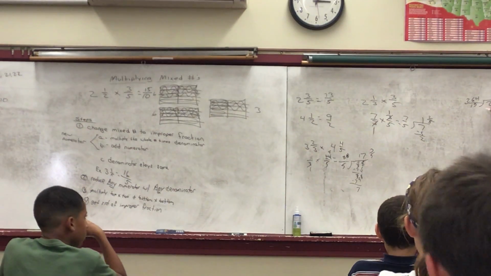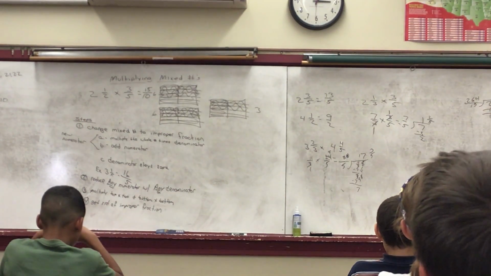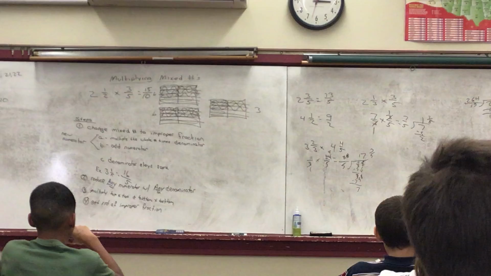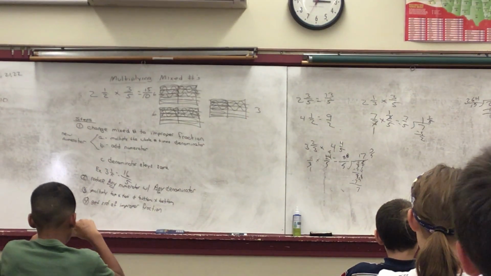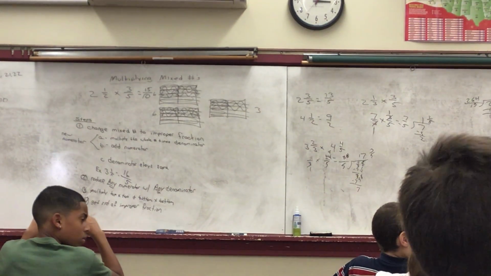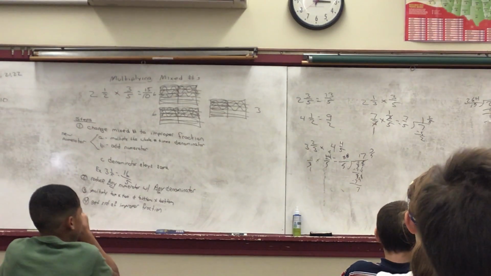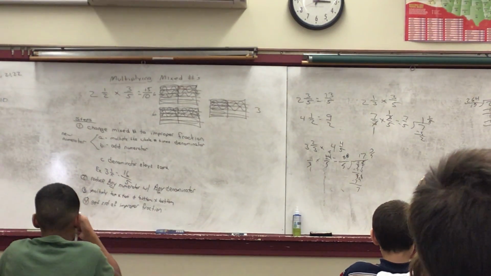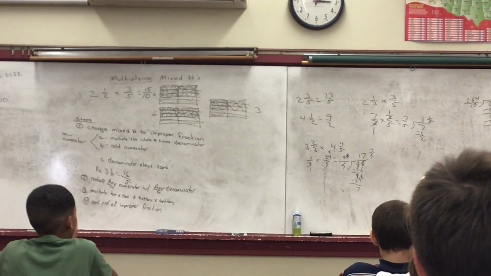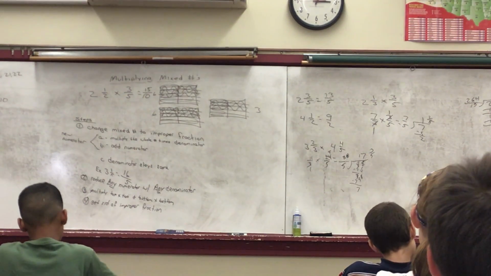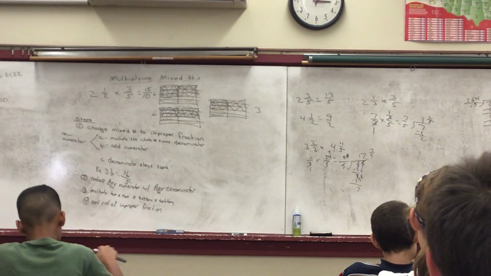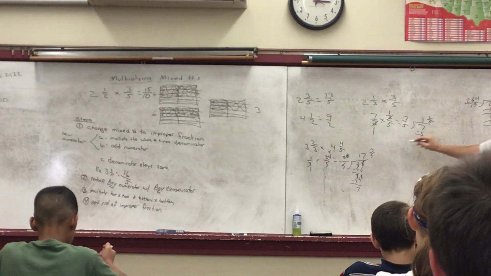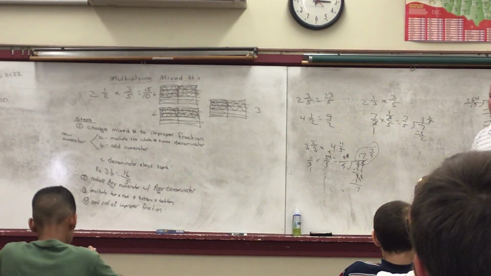That's 17 with 9/15 left over. And then you'd have to reduce both by 3, and you end up with 17 3/5. It's a whole lot easier that way.